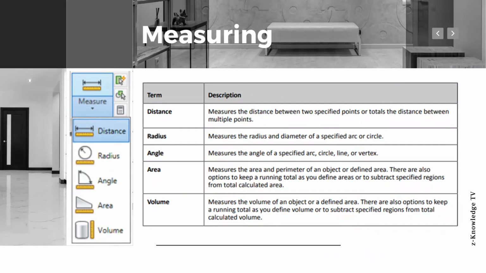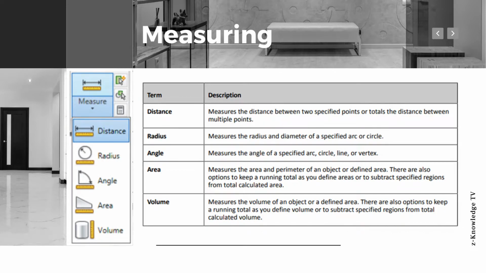Okay, so this is the simple description ng bawat terminologies natin o ng bawat measurements tool natin. So, for the distance, it measures the distance between two specified points or totals the distance between multiple points.